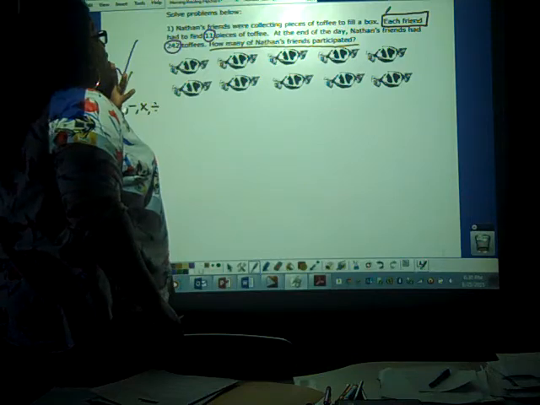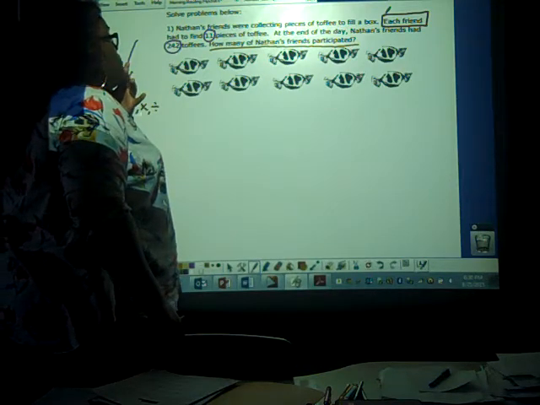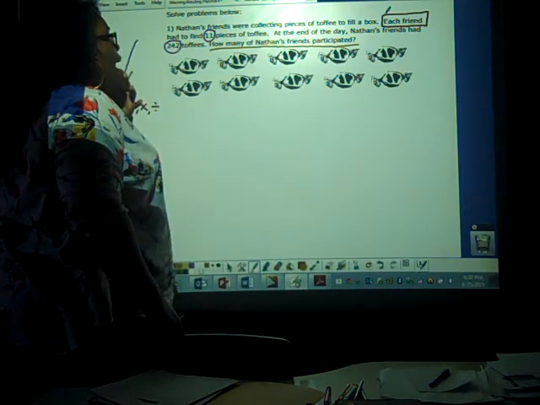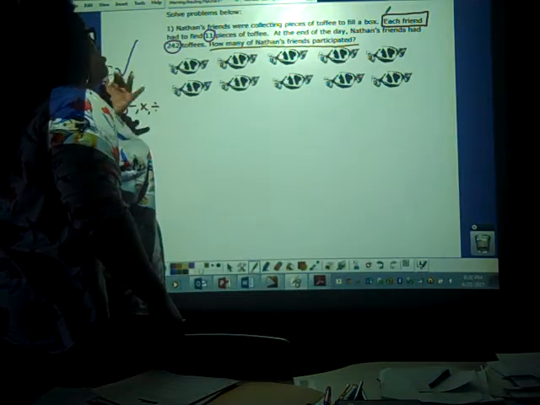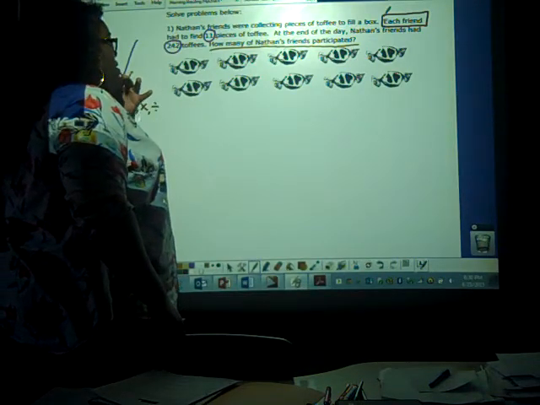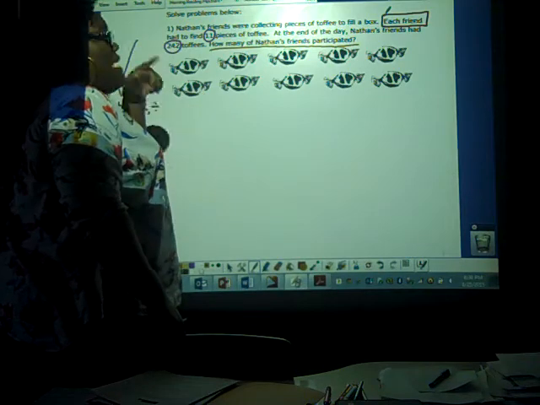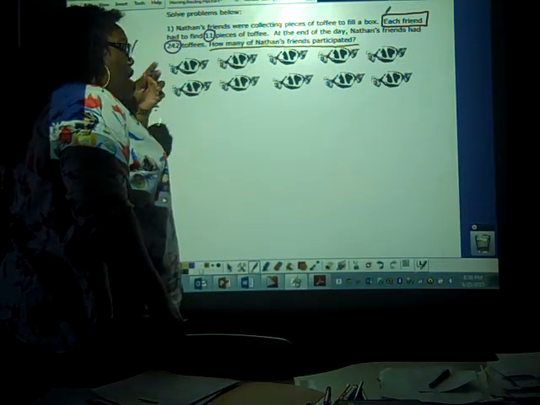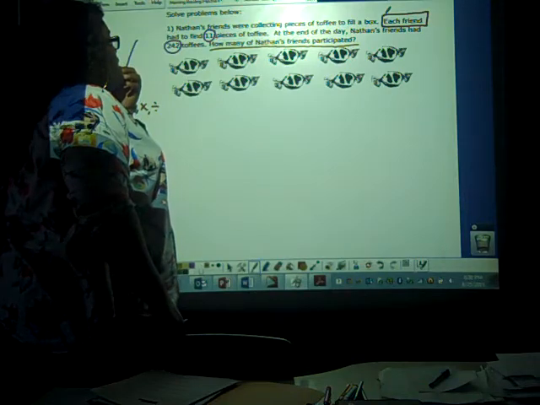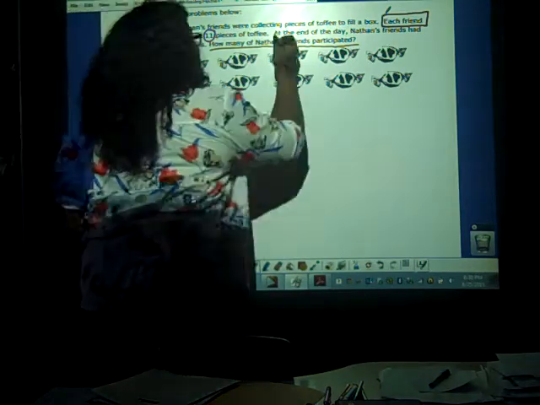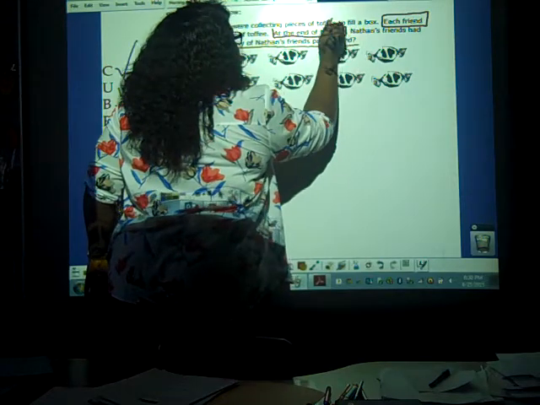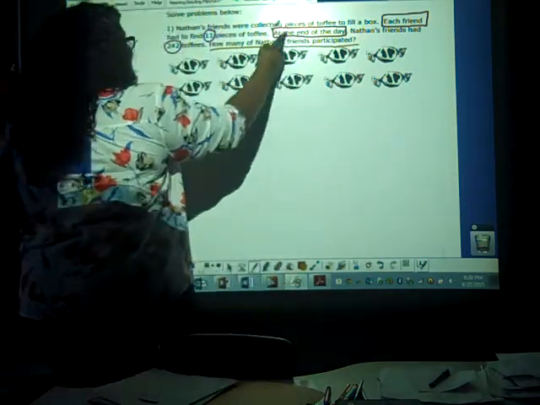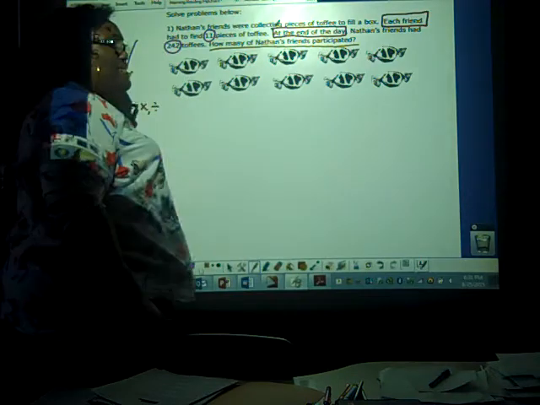Each friend had to find 11 pieces of toffee. At the end of the day, Nathan's friends had 242 toffees. At the end of the day, okay? That's important, because at the end of the day, that's how many pieces they had.